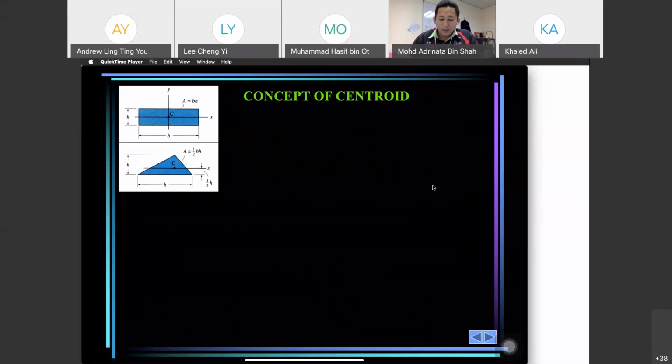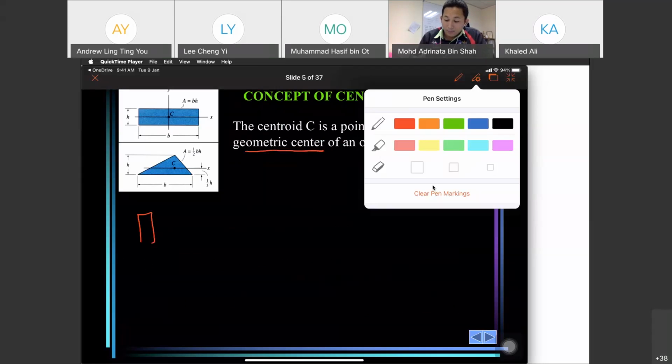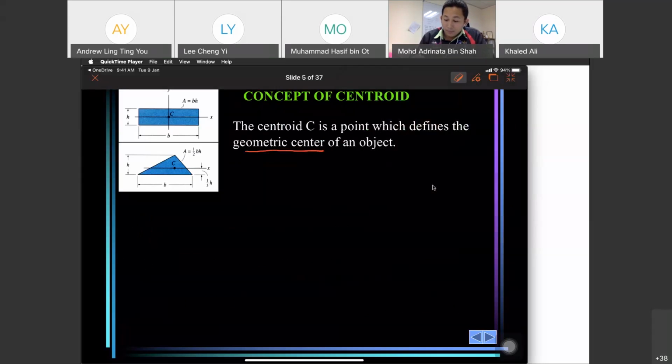Concept of centroid. The centroid C is a point which defines the geometric center. So if you have this rectangle, the geometric center of an object, for the height h, we divide it by 2.